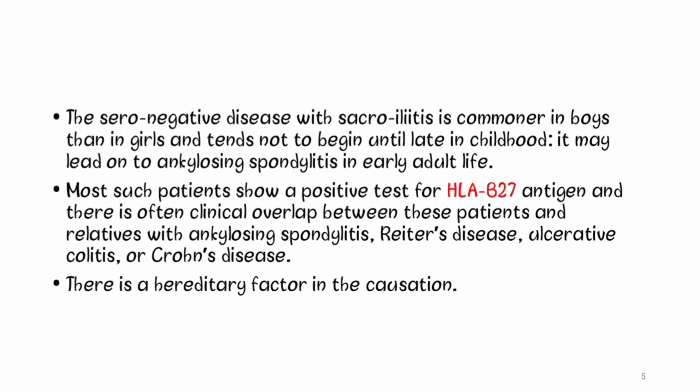Now, most patients show a positive test for the HLA-B27 antigen, and the clinical presentation of these patients resembles that of ankylosing spondylitis, Reiter's disease, ulcerative colitis, and Crohn's disease. Reiter's disease is also known as reactive arthritis, and it is a type of inflammatory arthritis that typically occurs as a reaction to an infection in another part of the body. The classic triad involves joint pain, uveitis or conjunctivitis, and urethritis.